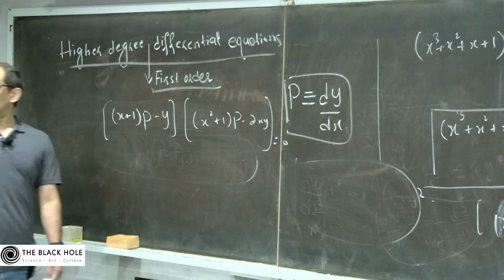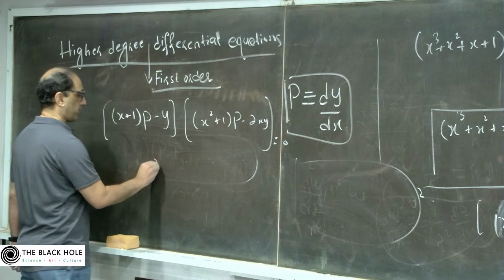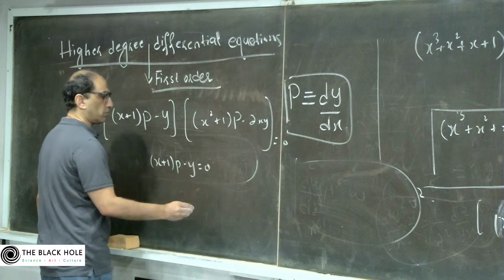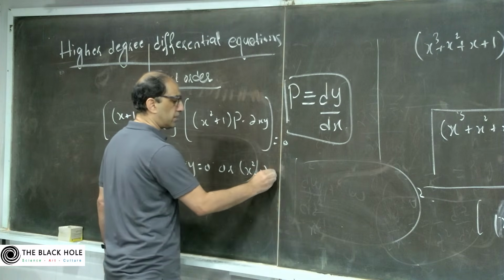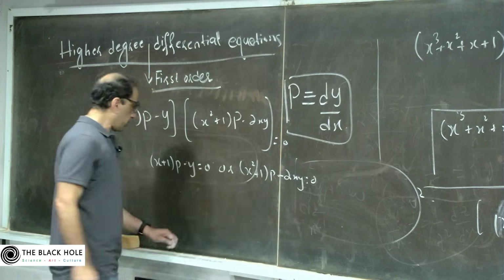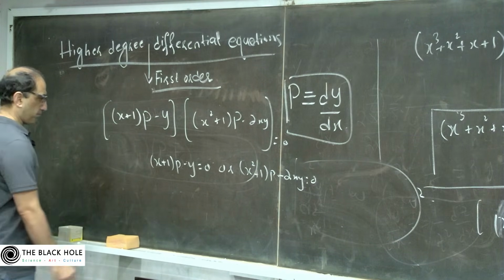So, of course, two things are being multiplied and they are giving me 0, so it means I will either have (x plus 1)p minus y is equal to 0 or (x square plus 1)p minus 2xy is equal to 0. Okay? So let's try and deal with this one first.